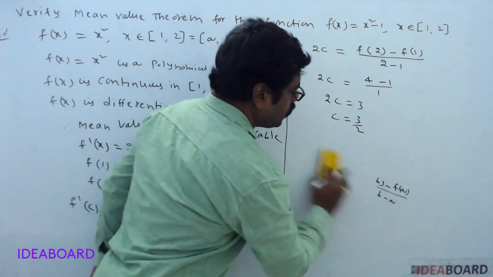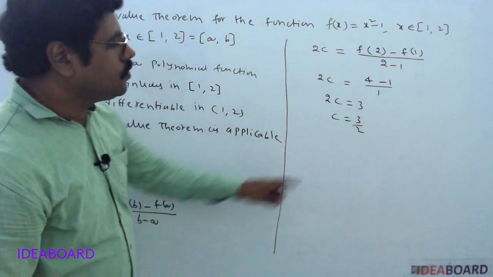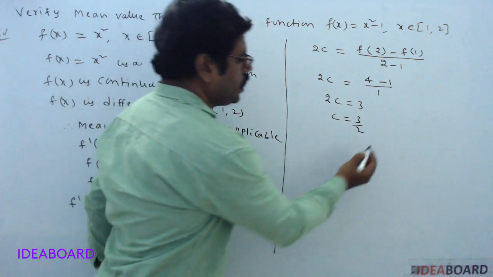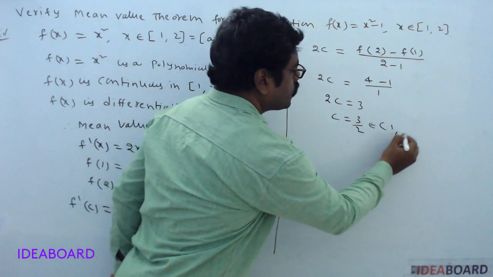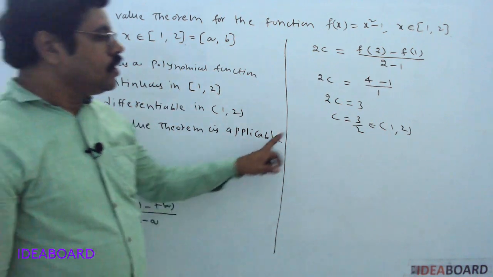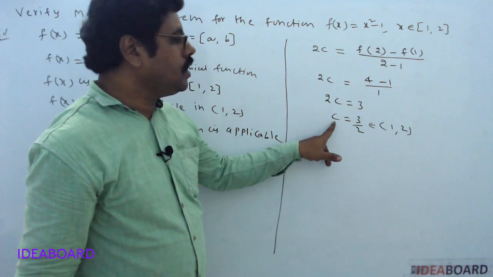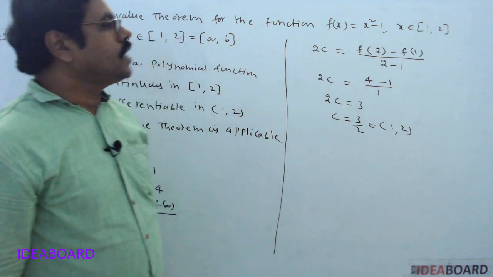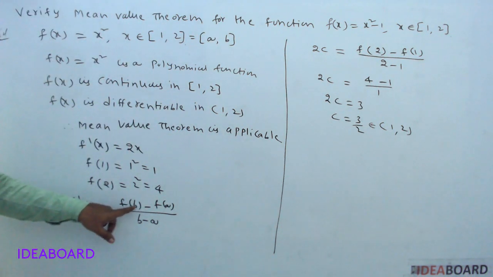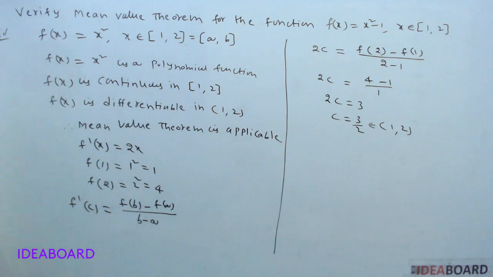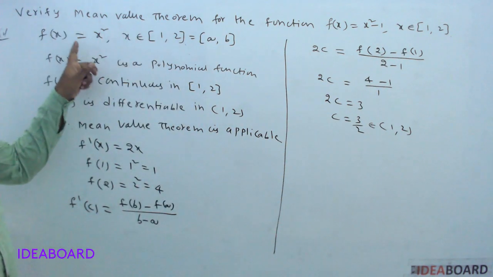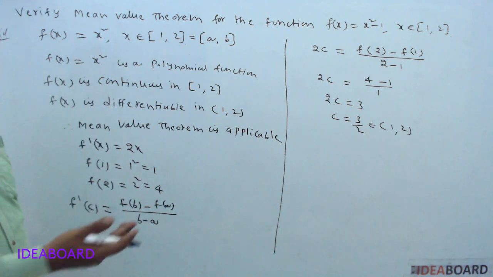Now check whether the c value lies in the open interval 1 comma 2 or not. Clearly this 3 by 2 belongs to the open interval 1 comma 2. So there exists a value of c which satisfies the condition f dash of c equals f of b minus f of a by b minus a. So we say that mean value theorem is verified for the given function f of x.